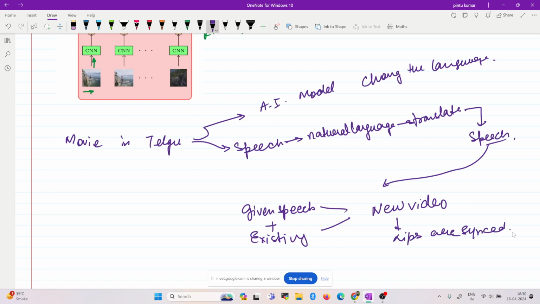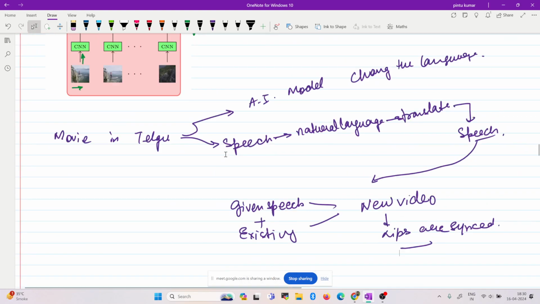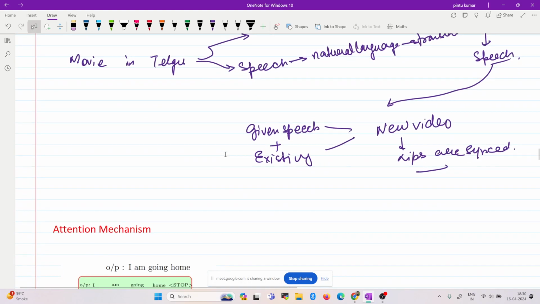If some of you are Hindi speaking, you might have seen when watching some South movies or even some Hollywood movies in Hindi, the person might be saying something else, but his lips are completely off. So these are the kinds of things people are trying to do. There are many more applications that people have tried to develop based on this encoder-decoder kind of module.